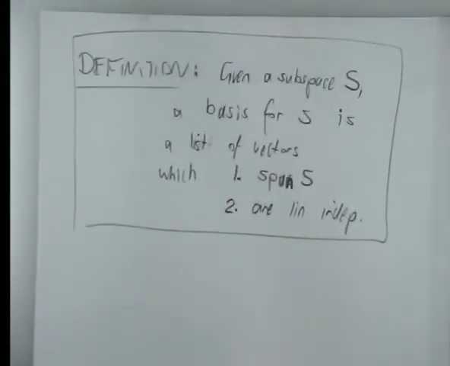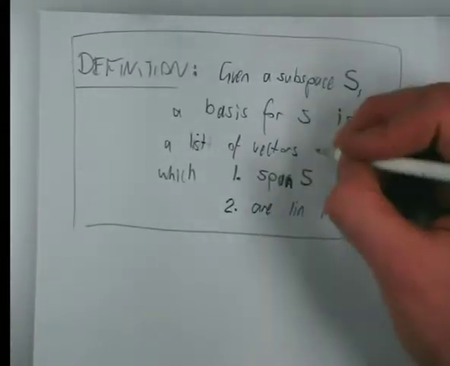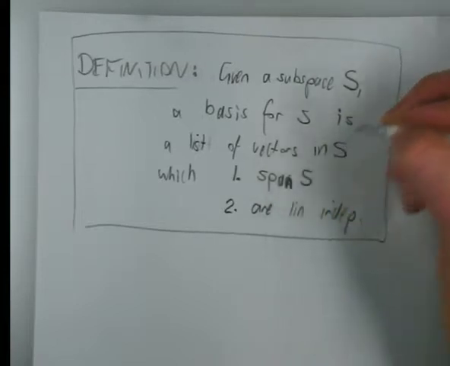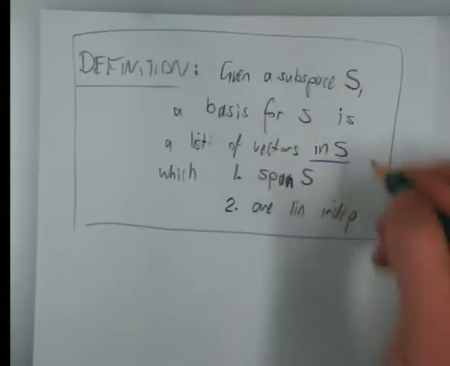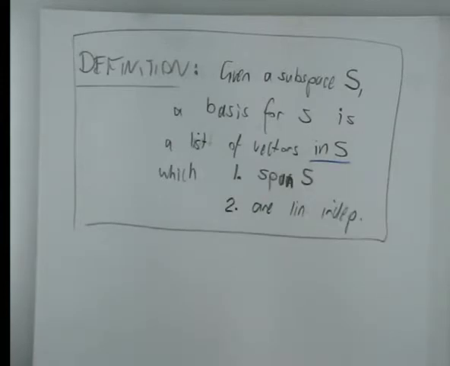Right. However, there is a secret zeroth rule. Just like with subspaces, the vectors have to be in S. That's rule 0. If they're not in S, they can't span S. They'll span something, it just won't be S. Okay?